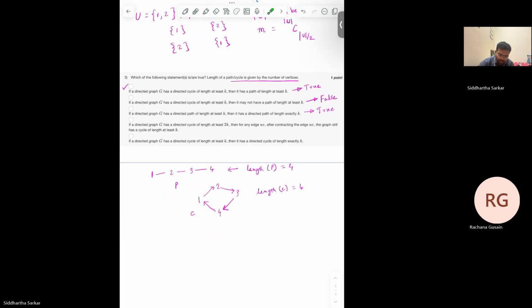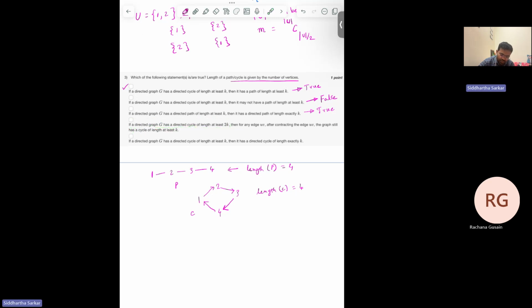So if a directed graph G has a directed cycle of length at least 2k, then for any edge uv, after contracting the edge uv, the graph still has a cycle of length at least k.